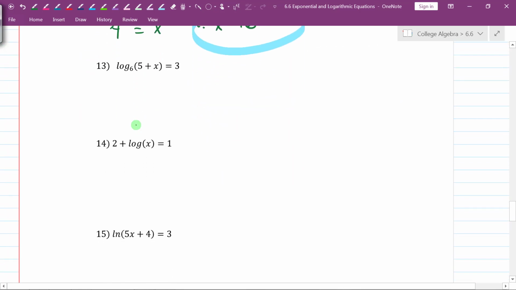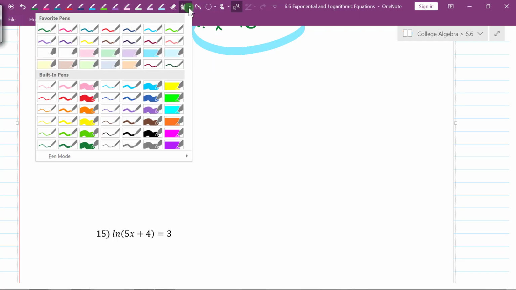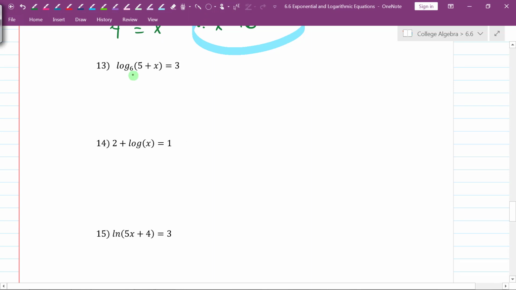Let's look at 13. Okay, so we're going to solve problem 13 next. In problem 13, first just convert this to an exponential, because I have a base that's a number and a number over here.